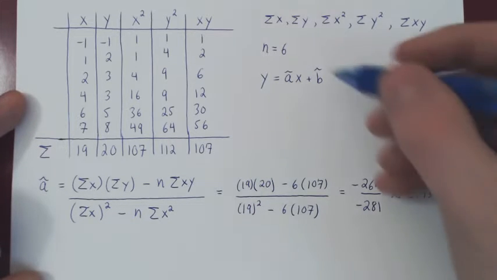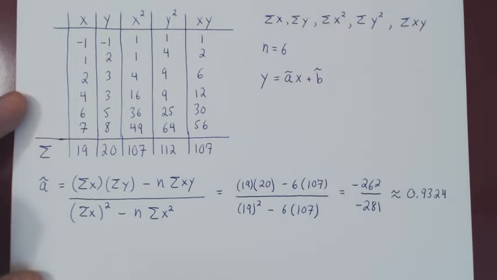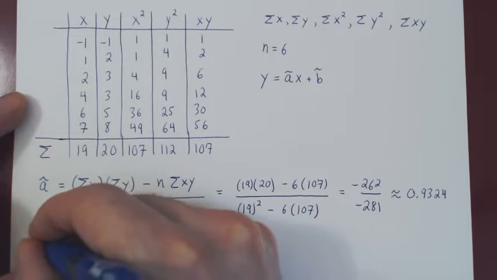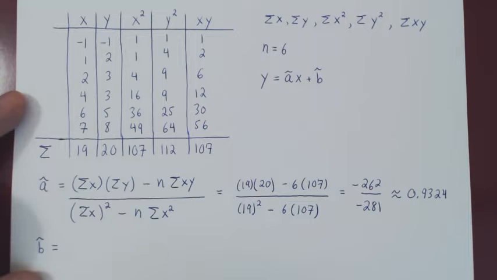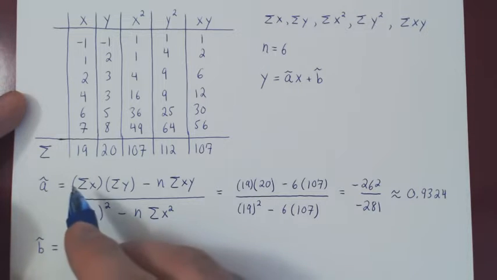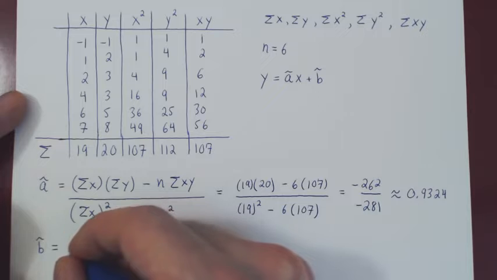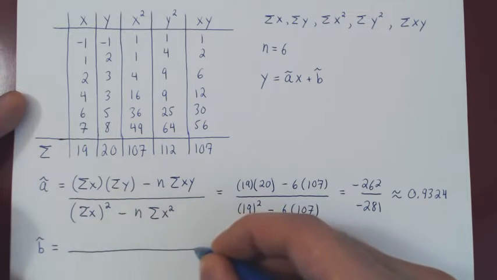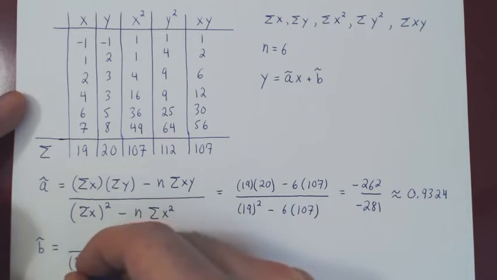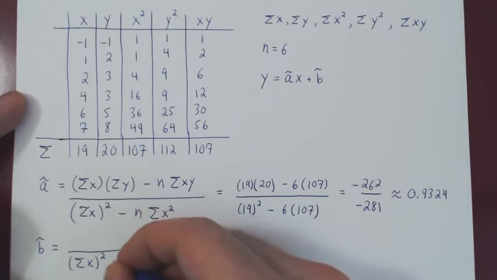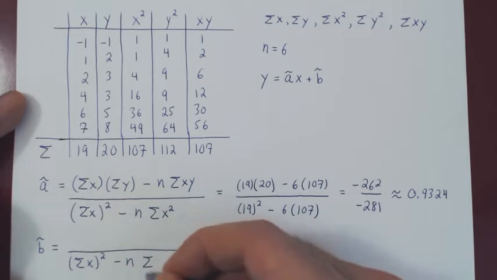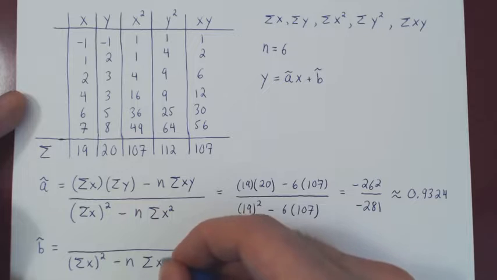Let us now find the second value, the y-intercept, b hat. The great thing about this is the numerator for b hat is different than for a hat, but the denominator is actually the same. So it is over the sum of the x's all squared minus n times the sum of the x's squared individually.